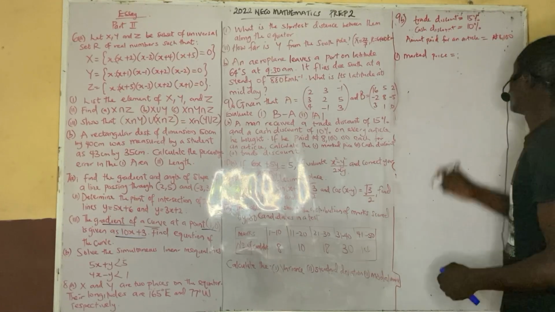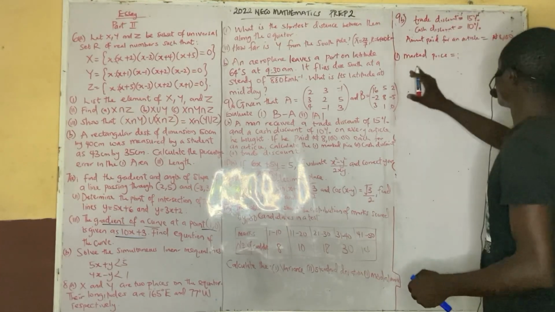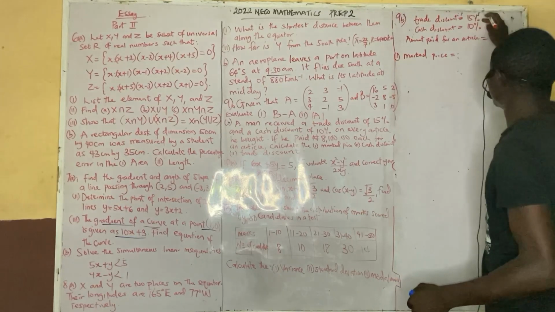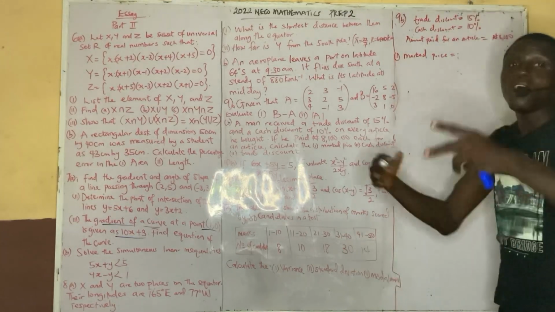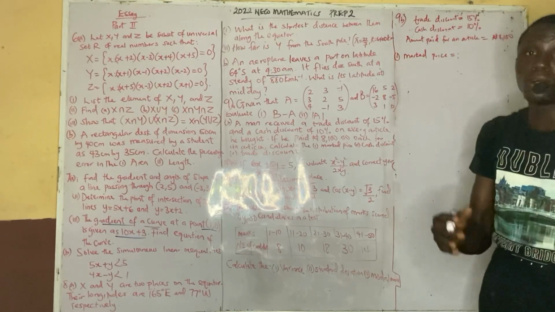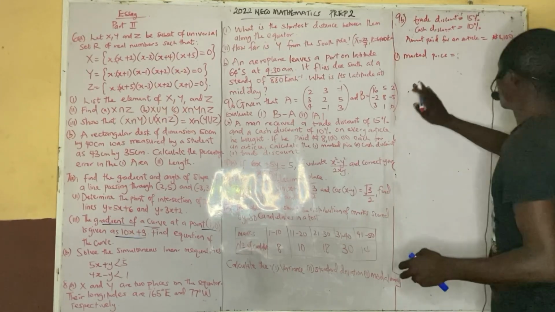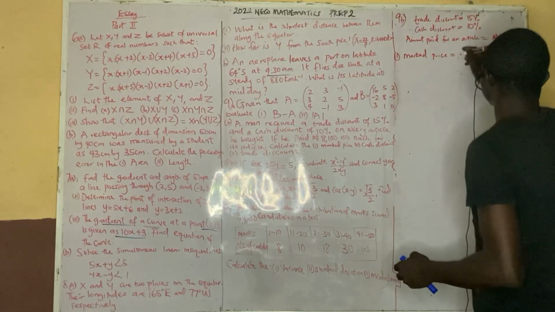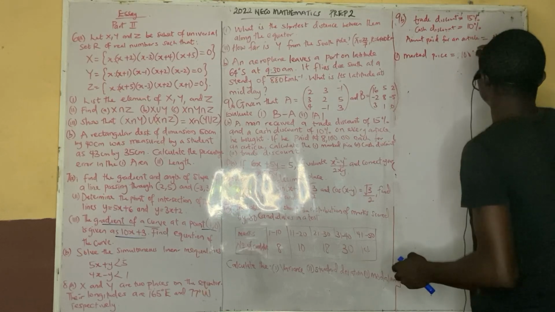Now look at this. Since we know that this is 15%, this is 10%, and the sum total of the marked price is equivalent to 100%, the marked price is equal to 100%.